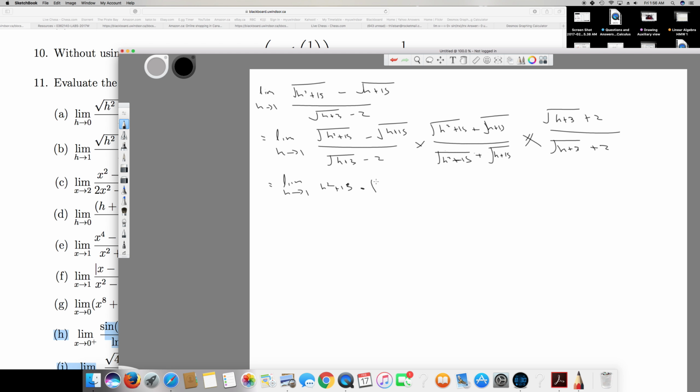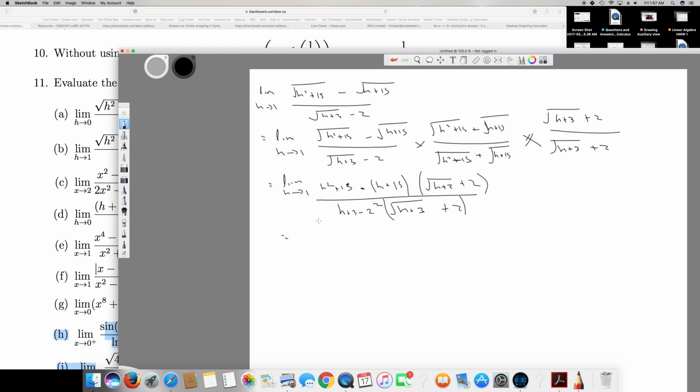Don't forget the bracket, this is important. So it's going to be h plus 15, and the whole number will multiply by square root of h plus 3 plus 2 over h plus 3 minus 2 square root of h plus 3 plus 2.